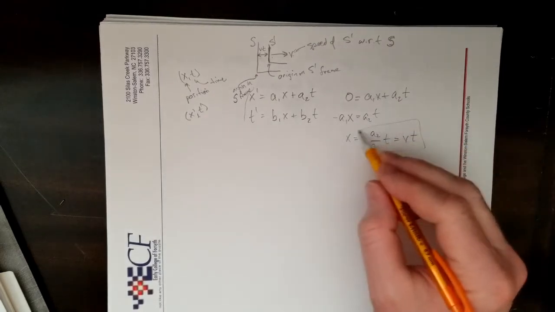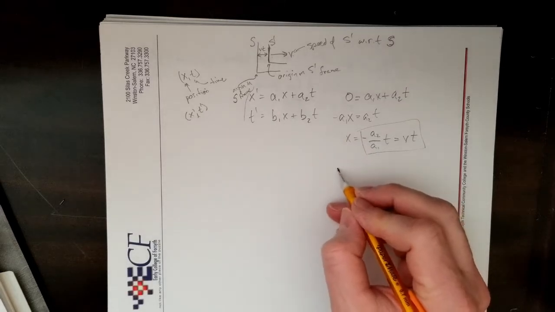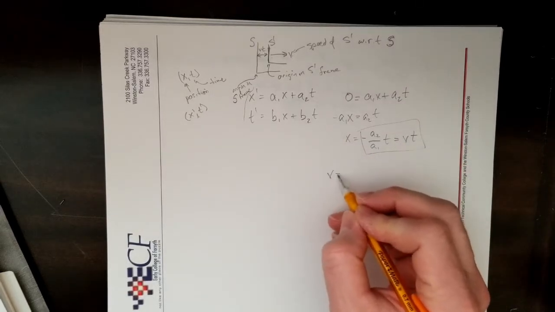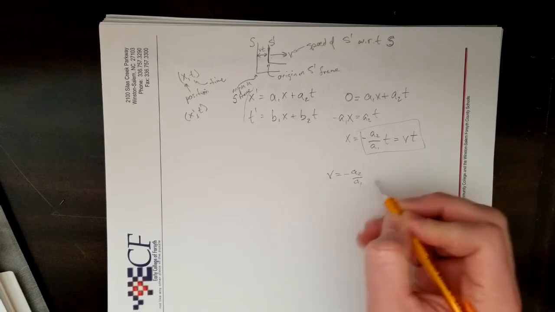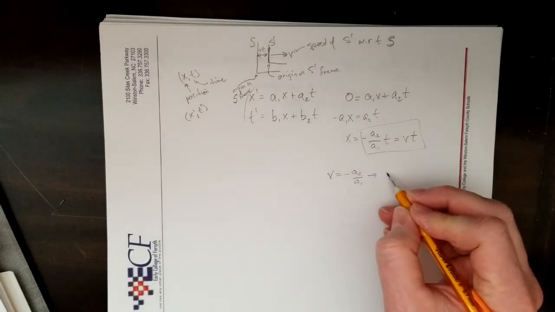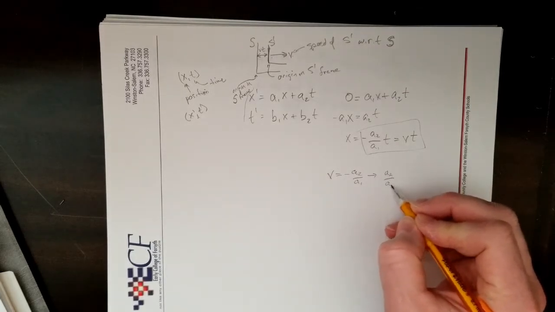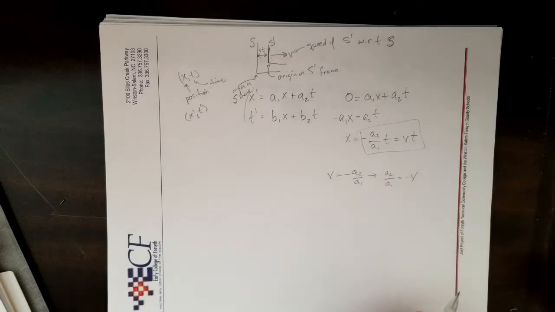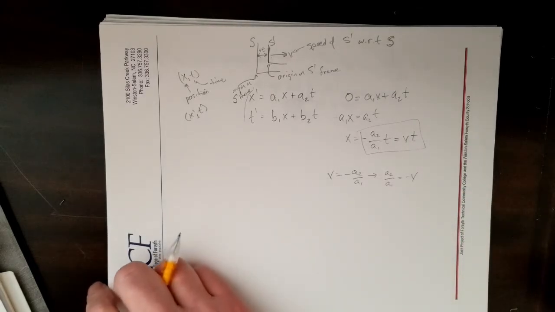This relationship implies that time would cancel out, that v is equal to negative a2 over a1. Therefore, a2 over a1 is equal to negative v. We'll exploit that in just a second.